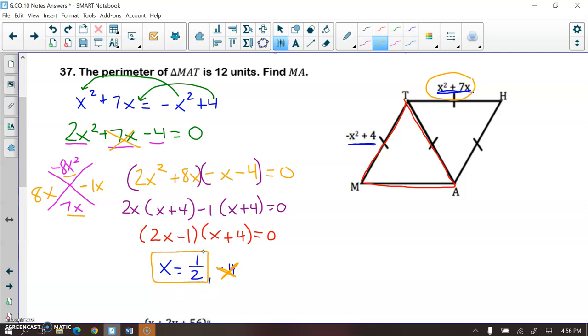They want you to find, knowing that the perimeter of MAT is 12, they want you to find MA. So we need to put this 1/2 in here. So when I do that, sorry, this is MT, I apologize.